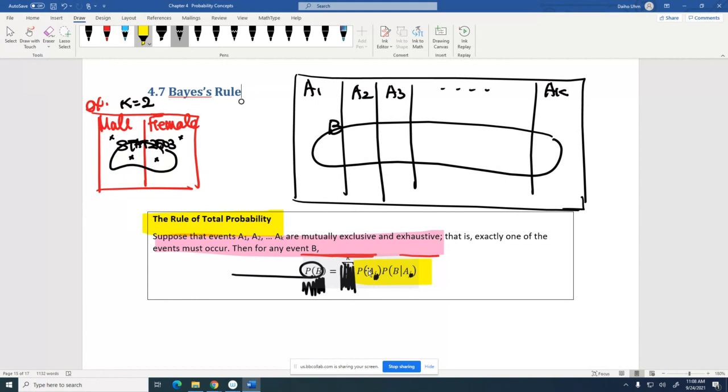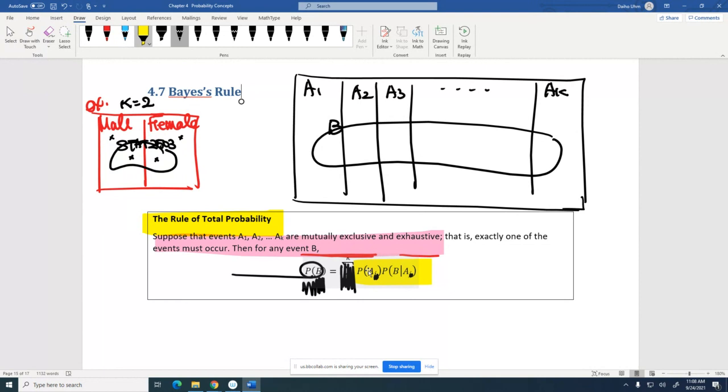Have you ever seen this multiplication before? Did you? The multiplication, probability of A times conditional probability of B given A. Where was that? In the general multiplication rule.